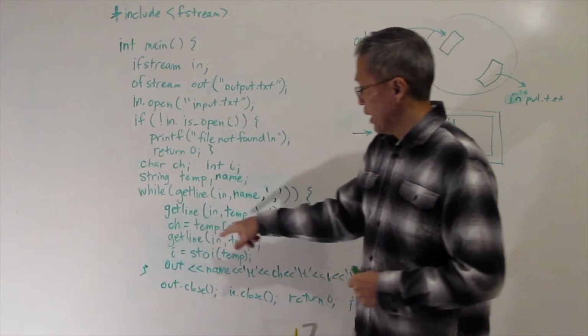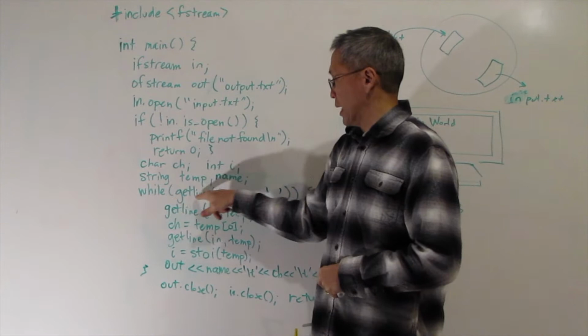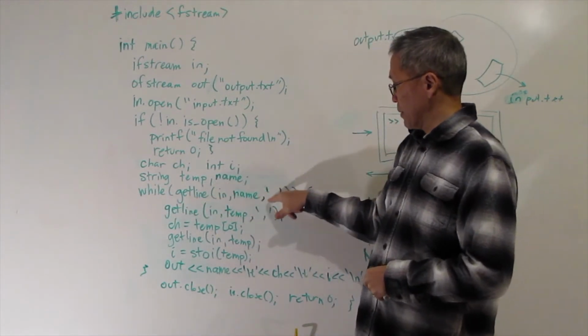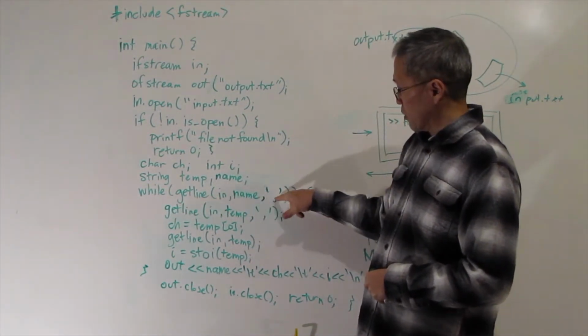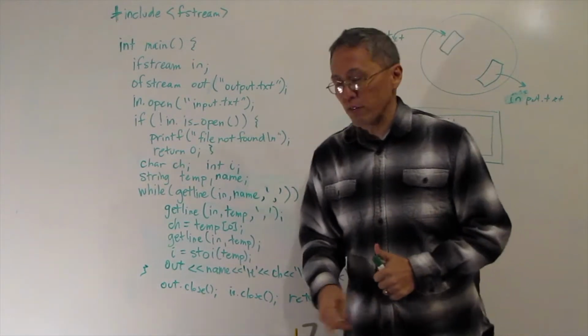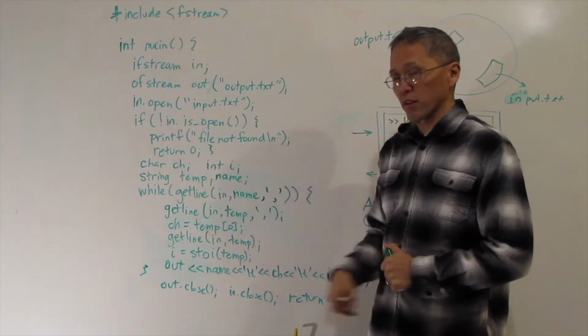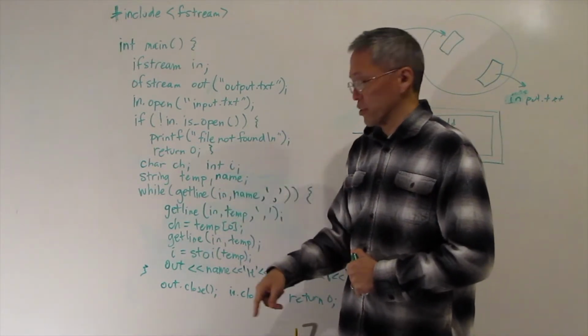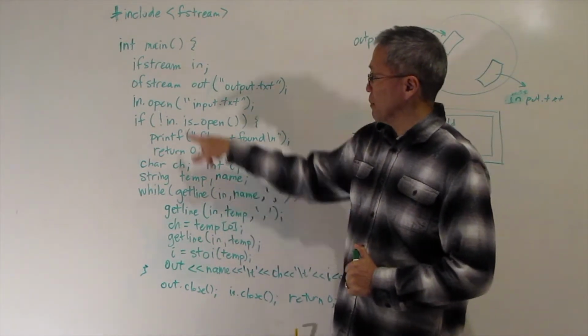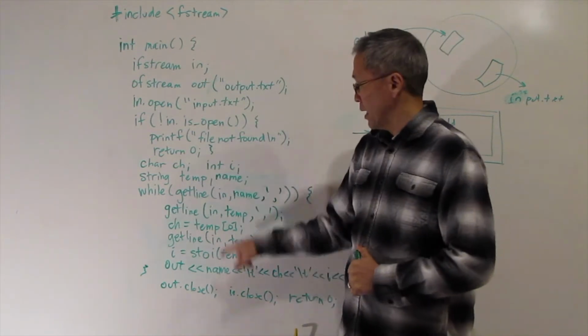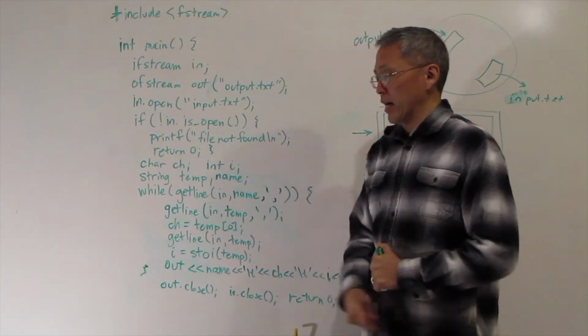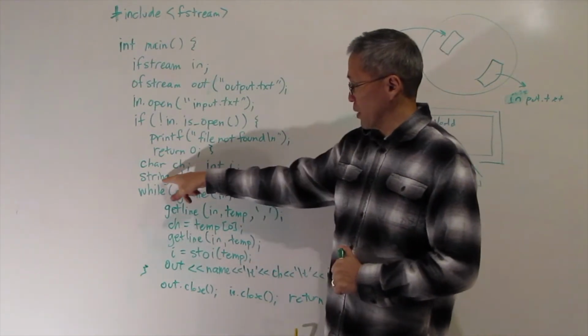Okay, so what I'm going to do, I have getline(in, name, ','). Now, we haven't really seen this very much, but this third parameter in my getline is new. The first one, of course, is either cin, or in this case, my in, because I'm doing it from a file stream. The second one is the string variable that I'm using.